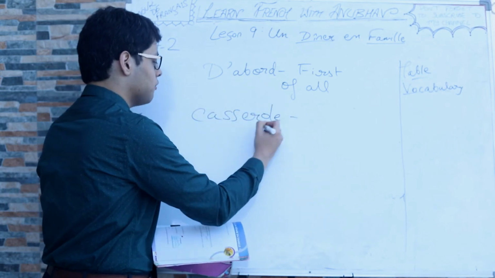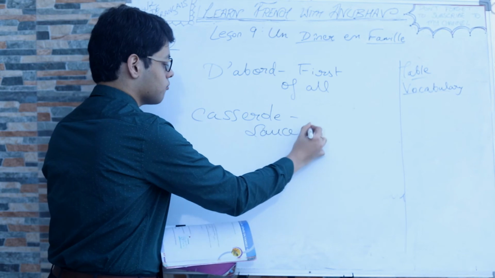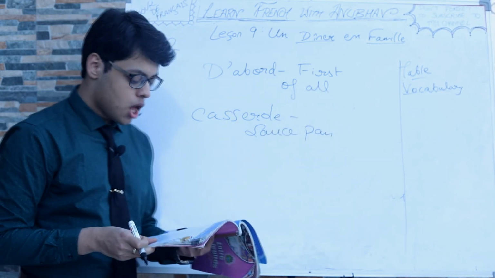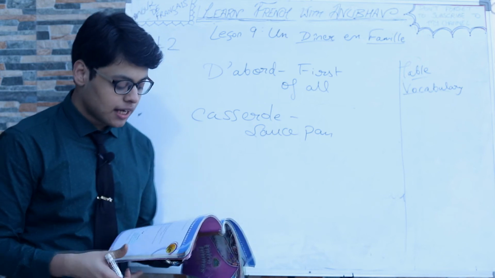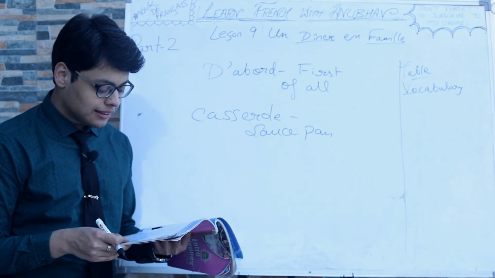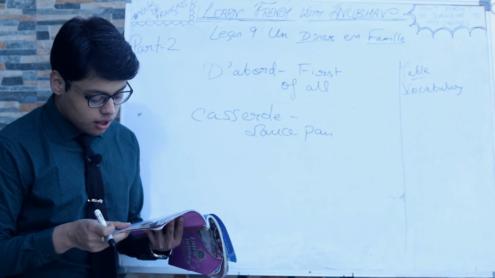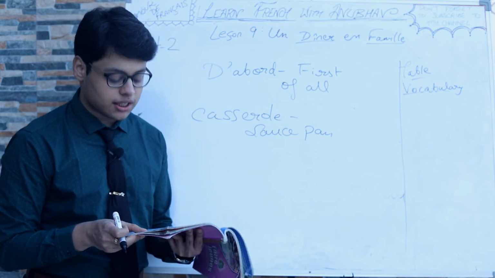Casserole is what? Saucepan avec un peu d'eau. So you need to put some water in it and keep the chocolate inside the casserole or the saucepan with a little bit of water.